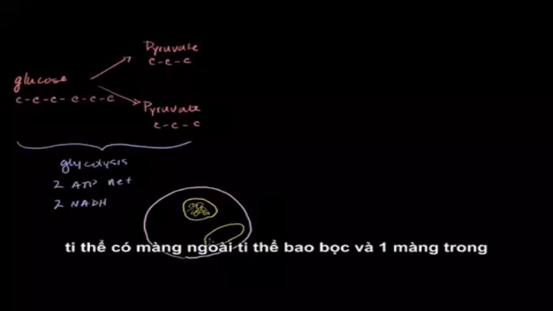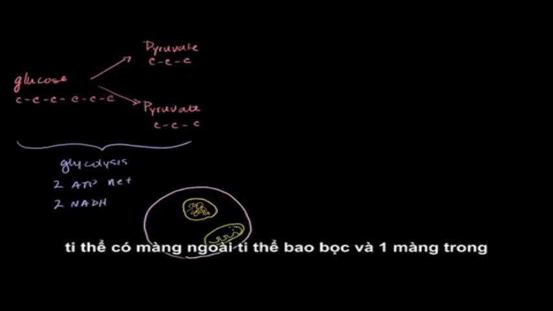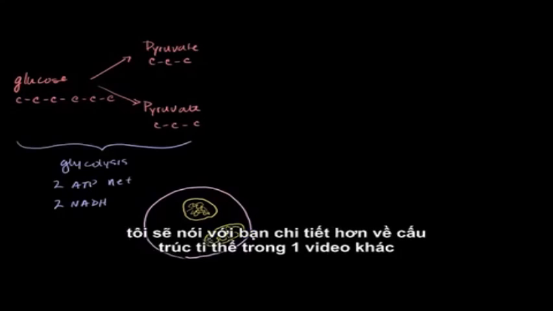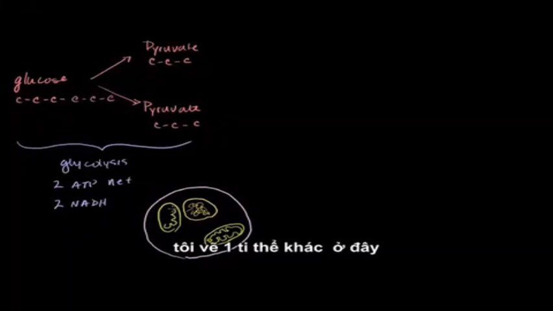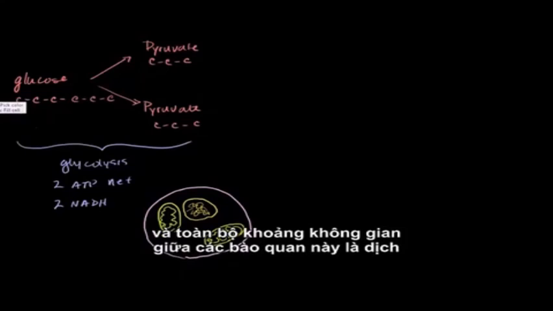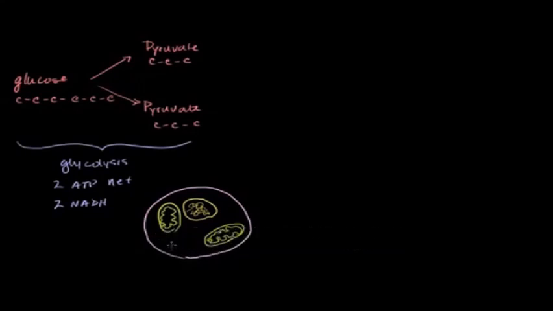So there's a mitochondria. It has an outer membrane and an inner membrane just like that. I'll do more detail on the structure of a mitochondria maybe later in this video, or maybe I'll do a whole video on them. That's another mitochondria right there. And then all of this fluidic space out here between the organelles.